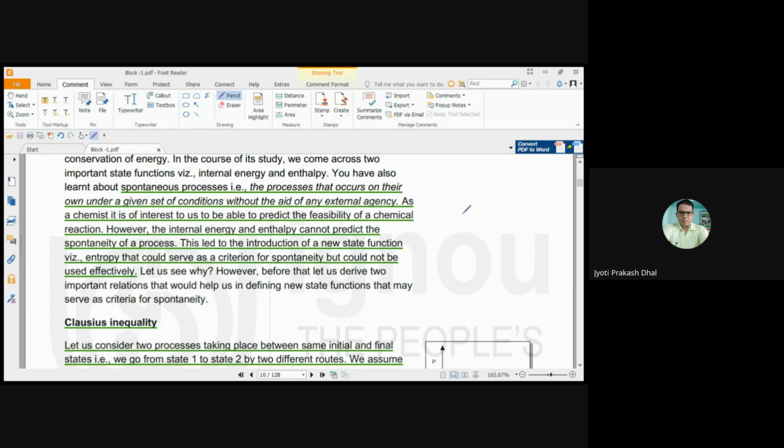Sometimes the spontaneous process is again divided into two types: the process which will occur on its own and does not require any type of initiation, and the second type is the process which requires initiation. After that it will continue automatically, but initially initiation is required.